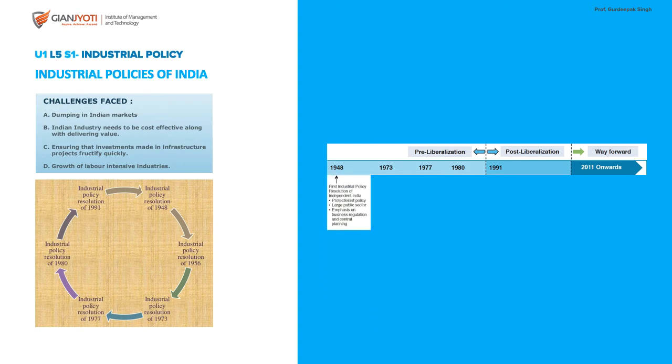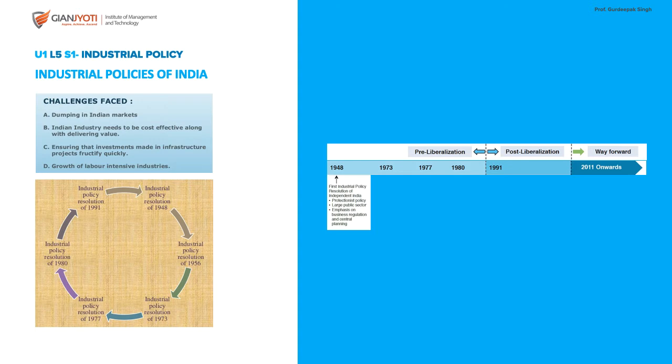When we came up with our first industrial policy in 1948, it was for independent India, and we wanted to protect the country from invasions from outside, as we had been ruled by the Britishers for so many years.